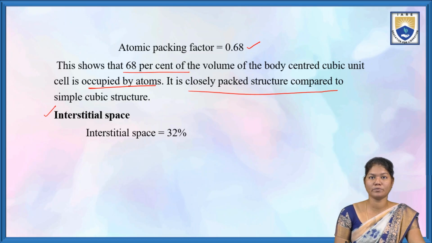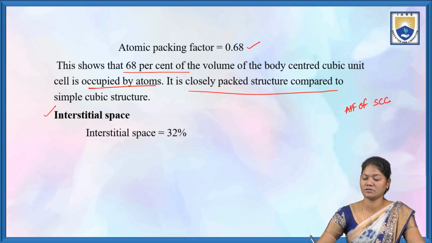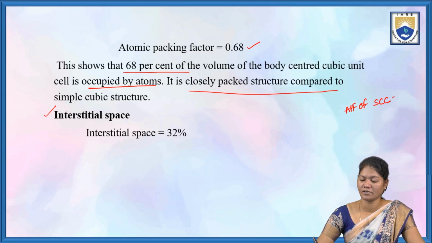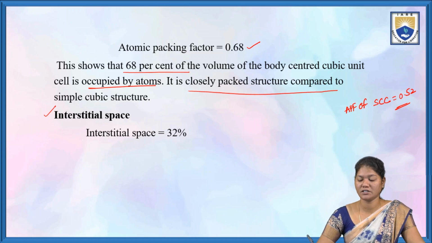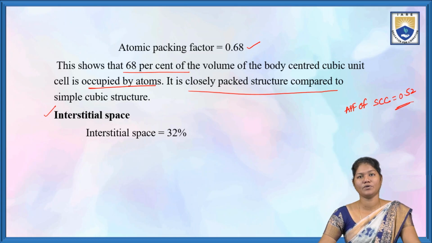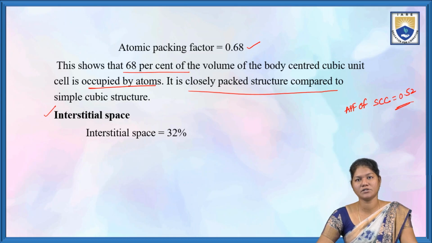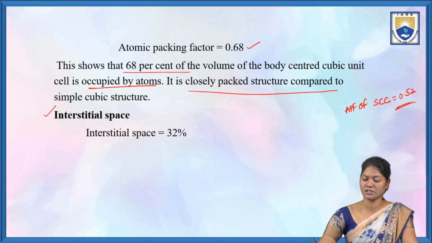In the simple cubic structure, we got an atomic packing factor of only 0.52. So about half of the unit cell is filled with atoms and the other half is free in the simple cubic crystal.